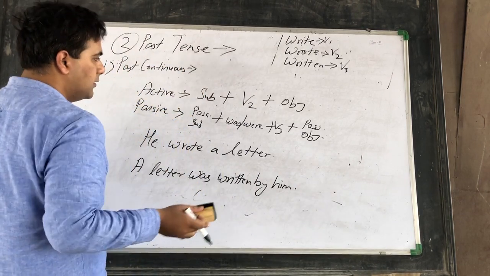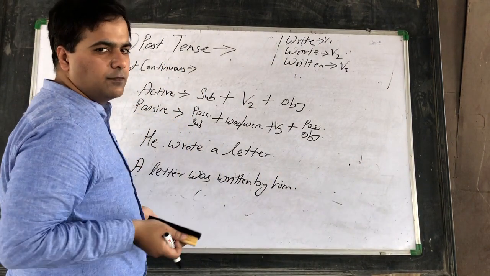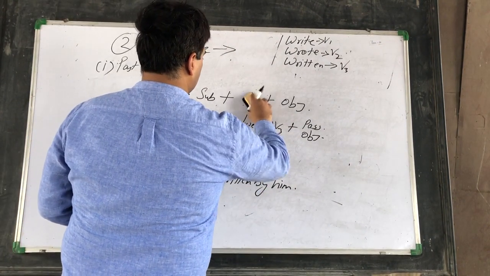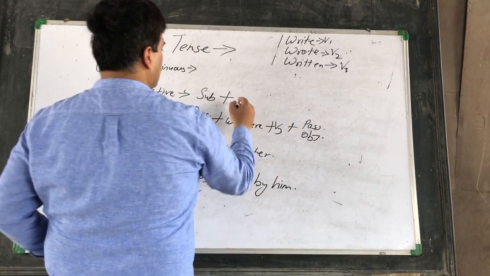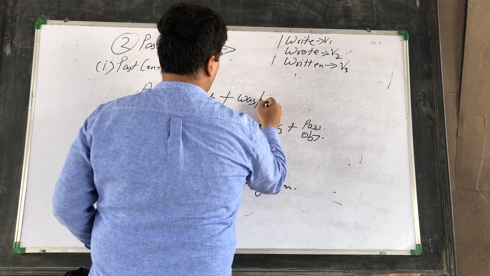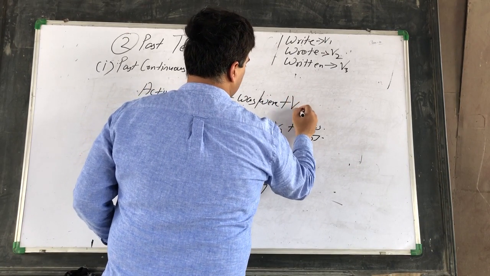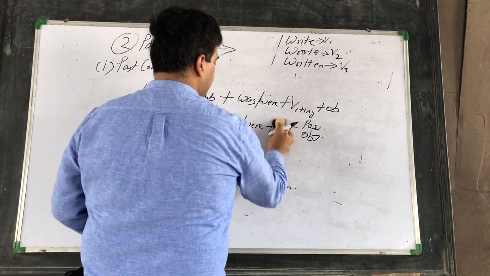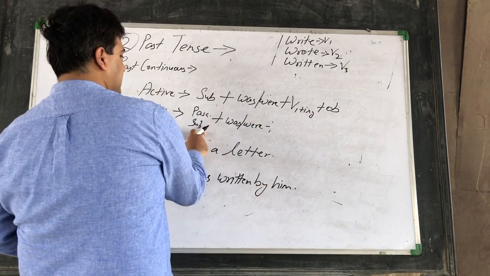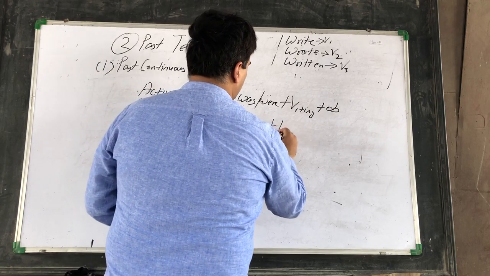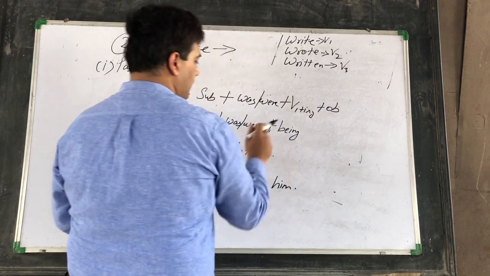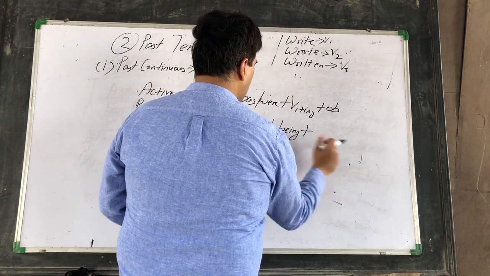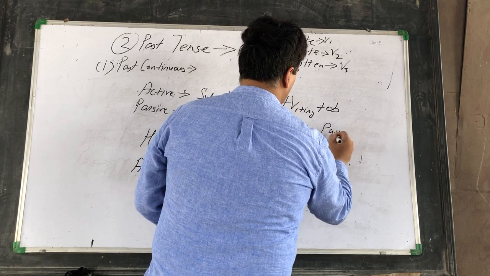Past continuous. Past continuous means the action at some point of the past is continuous, was not finished. So it will be subject plus was or were, then verb first form plus ing, then object. What will happen here? It will be passive subject was, were, and being according to the continuous tense, new helping verb, then passive object.